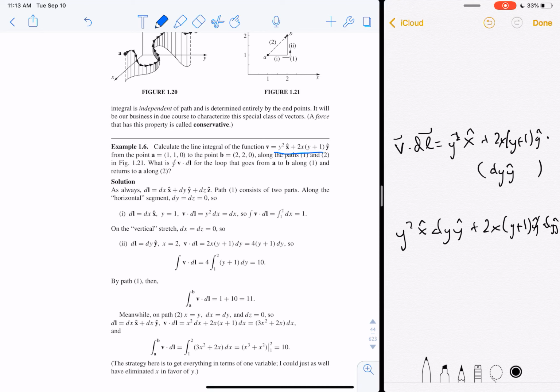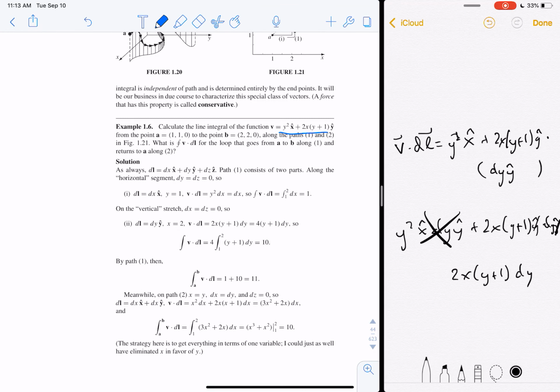The y hat dot y hat gives you 1, and the x hat dot y hat gives you 0. You end up with 2x times y plus 1 dy. Simplify that, because x is 2, you get 4 times y plus 1. Then if you integrate 4 times y plus 1 from 1 to 2, you get 10.